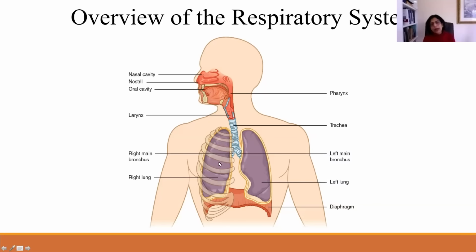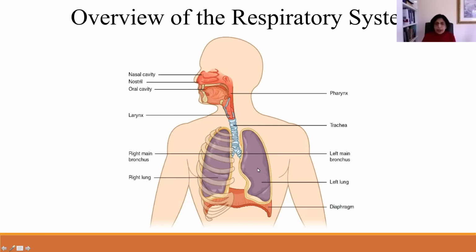Okay, so those are the two sets of muscles. The external intercostal muscles and the diaphragm are the two key muscles that are involved in breathing all the time. But if there are other types of breathing, like forced breathing, you may talk about internal intercostal muscles and other accessory muscles.